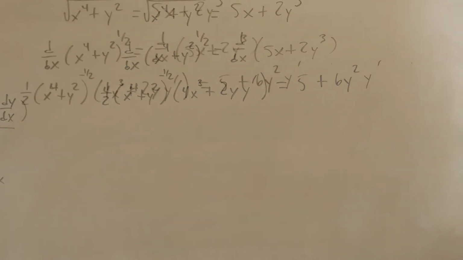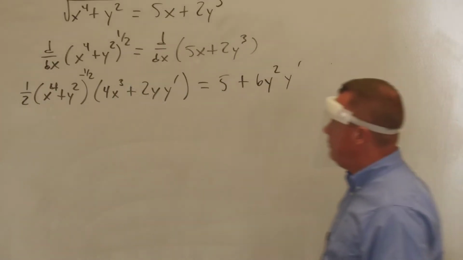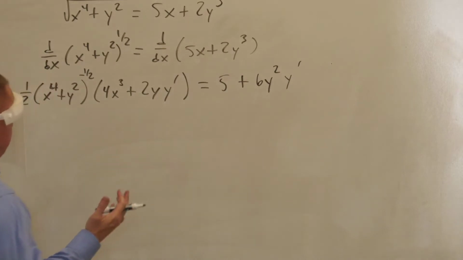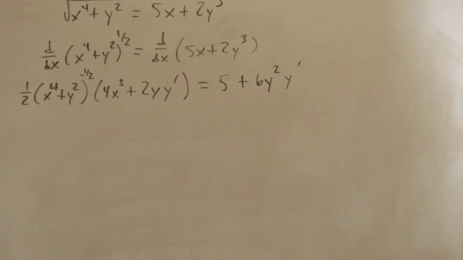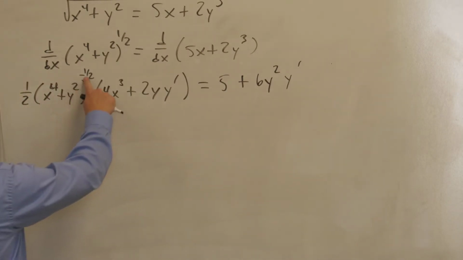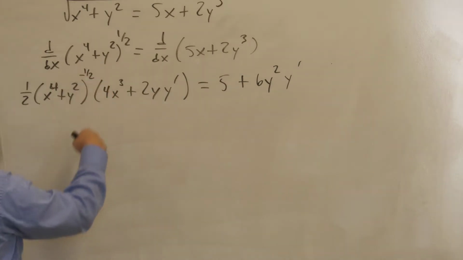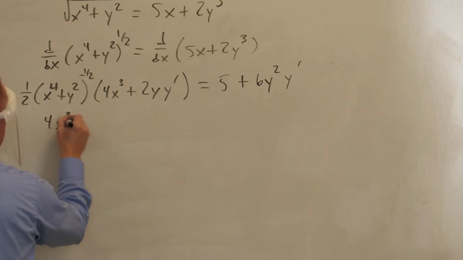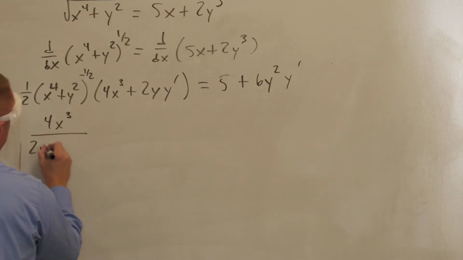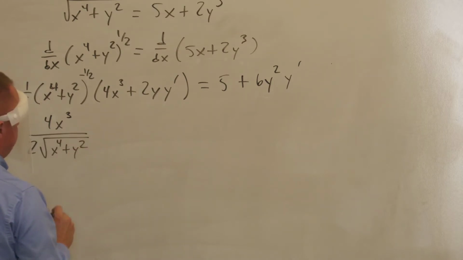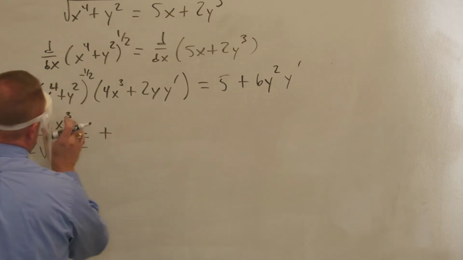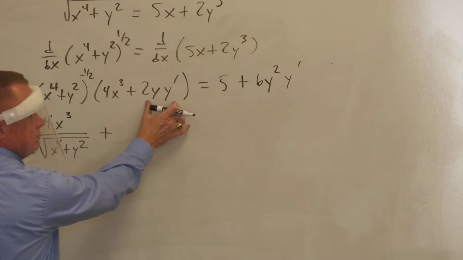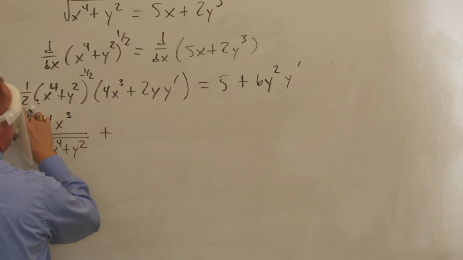Okay? So there are different steps algebraically you can do, of course. I went ahead and just moved this negative 1/2 power to the bottom. So I wrote this as 4x cubed over 2 square root of (x to the 4th plus y squared). And then I said plus, now this times the second one. The 2's cancel.